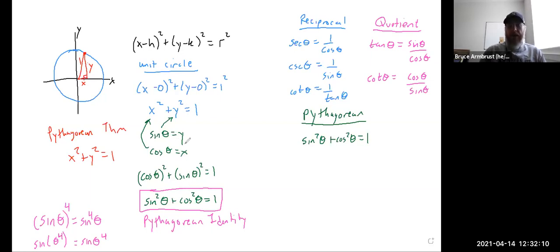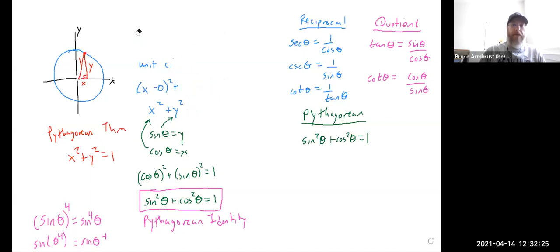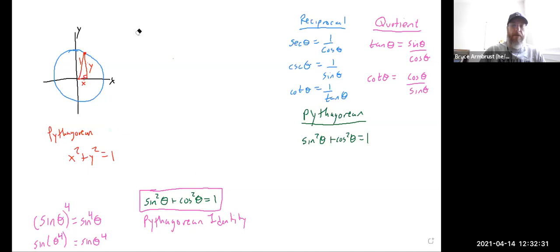But it turns out there are actually 2 other Pythagorean identities that we can get from this one that, while not quite as useful, are still definitely useful, and you probably want to know them. Let me clear some space here to show you how we can get them.